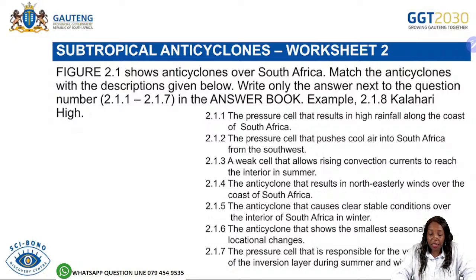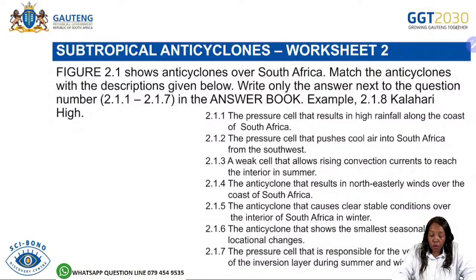Okay, the pressure cell that results in high rainfall along the coast of South Africa. Okay, the pressure cell that pushes cool air into South Africa from the southwest. A weak cell that allows rising convection currents to reach the interior in summer. So you must underline your keywords before you come up with your answers there.